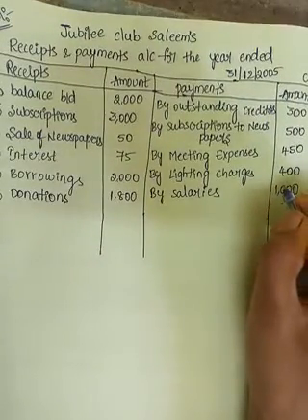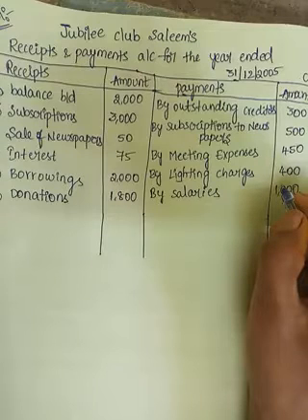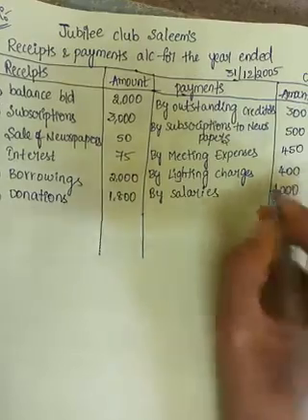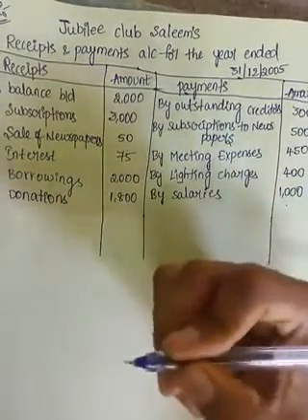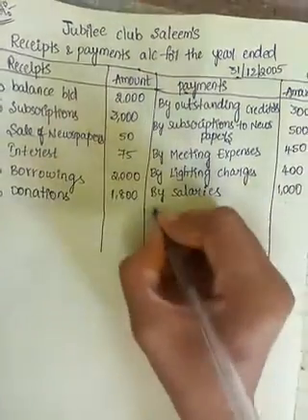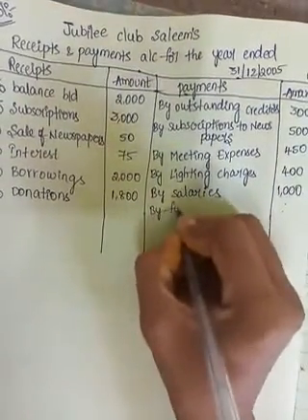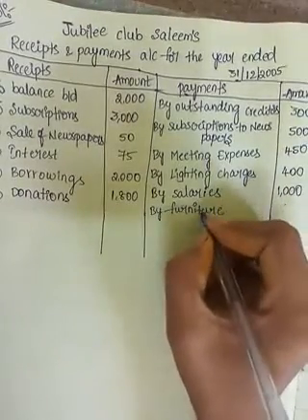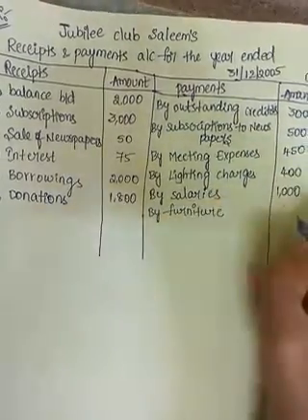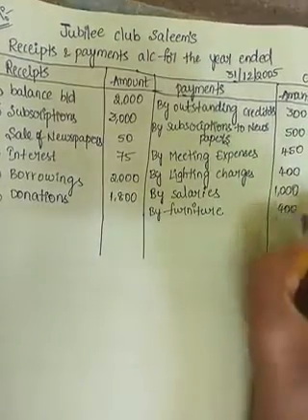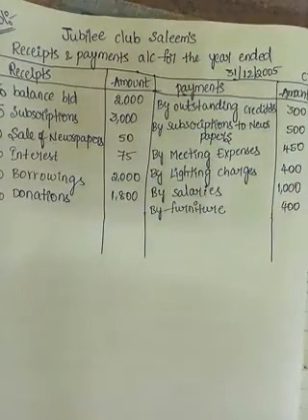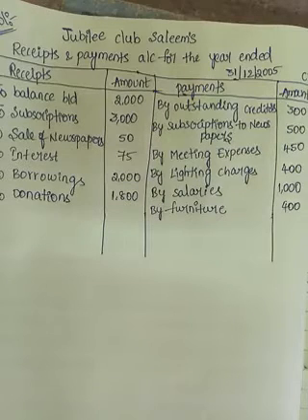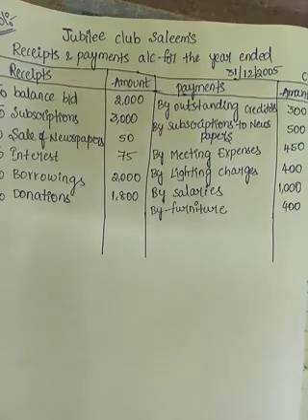Next is purchased furniture. When we purchase furniture, in return we make the payment. So by furniture is 400.